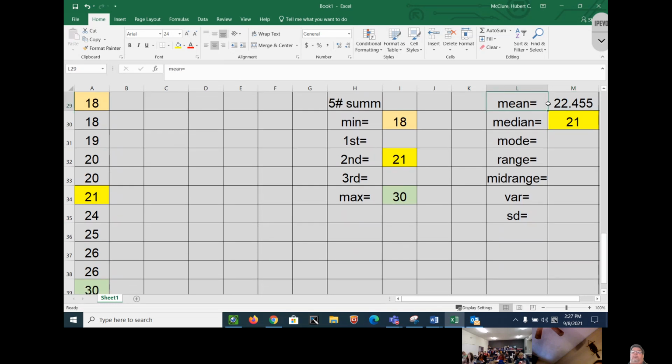So I'm going to color that green because that's important. And I'm going to color the median green. Mode, I really could care less, but 18, 20, and 26. Don't check me. I think that's the mode.